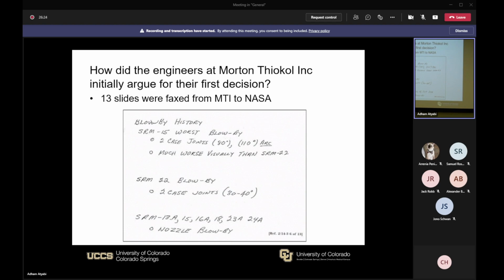Although not shown in the blowout chart, the temperature is part of the analysis. So SRM-15 had substantial overall damage and also was the coldest launch date at 53 degrees on January 24, 1985, almost 1 year before the Challenger accident happened.